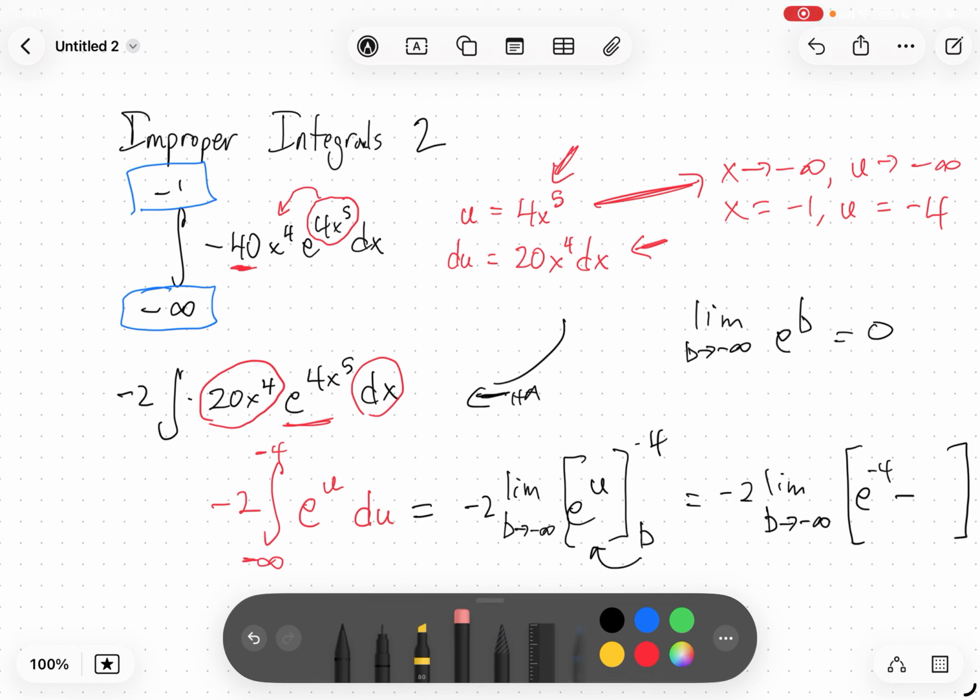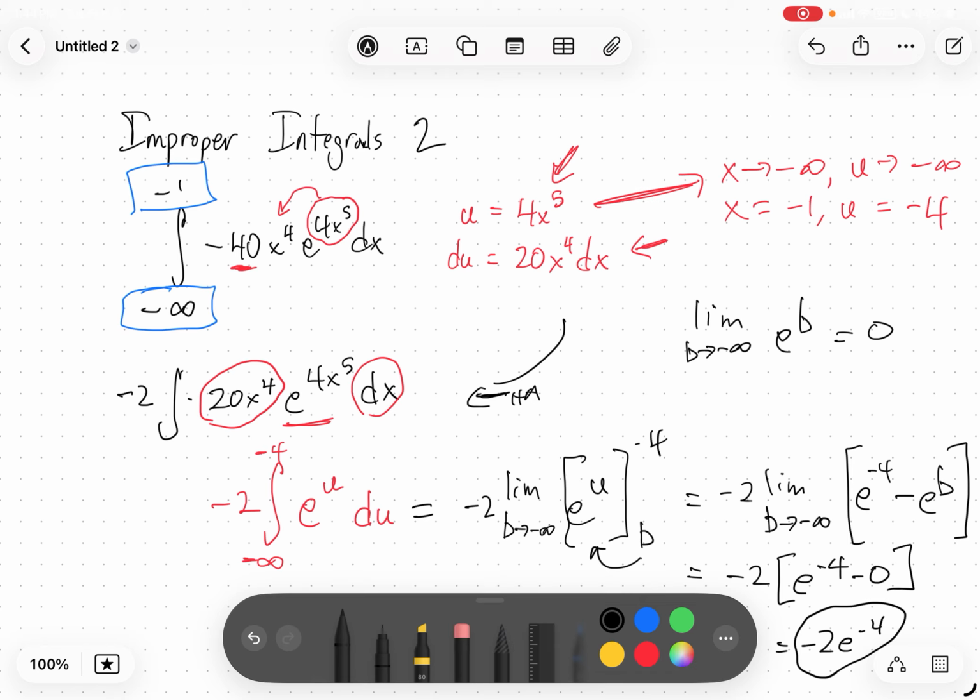This is going to be negative 2 times e to the negative 4th minus 0, which should be negative 2e to the negative 4. Off screen, I'm just going to type that into my Delta Math application and see if that works.